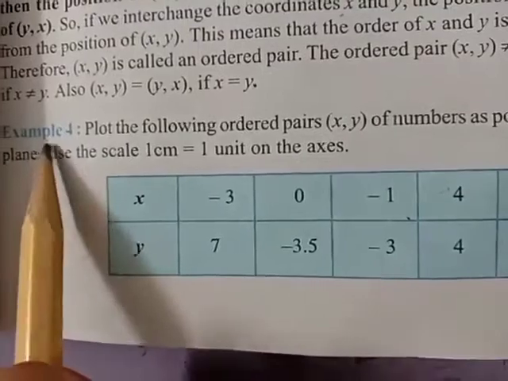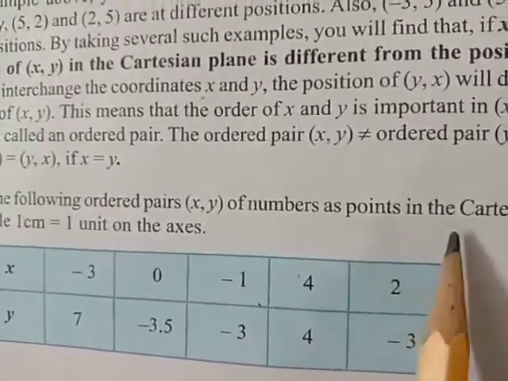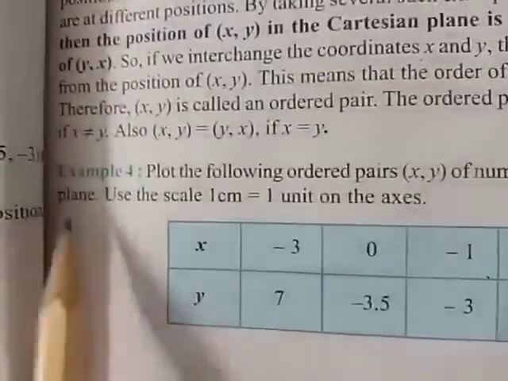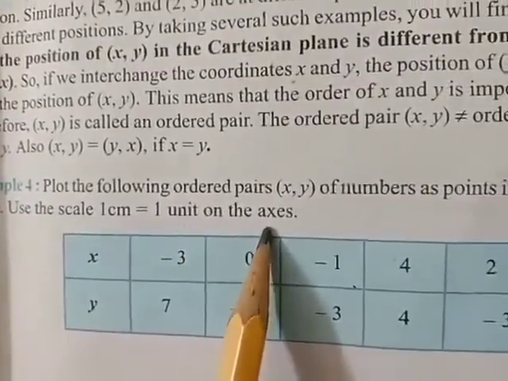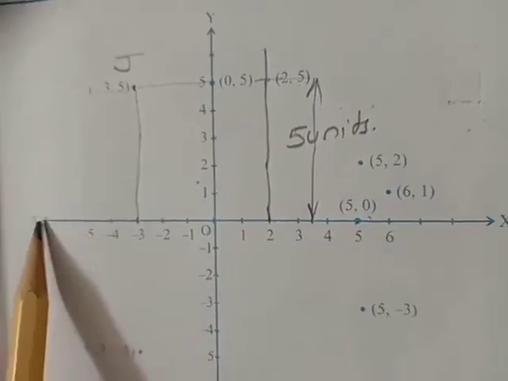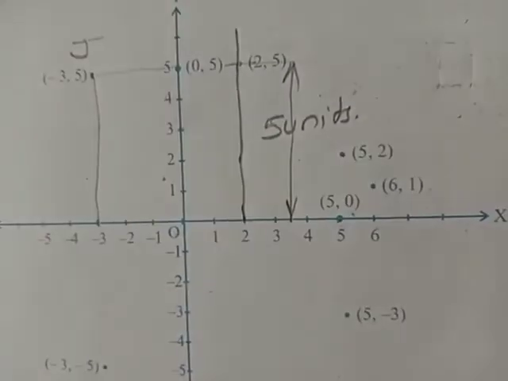Now let's see this example 4. Plot the following ordered pairs (x, y) of numbers as points in the Cartesian plane using the scale 1 centimeter equal to 1 unit on the axis. So first what you will do, you will take a graph paper, draw the x-axis, a horizontal line, and the vertical y-axis.